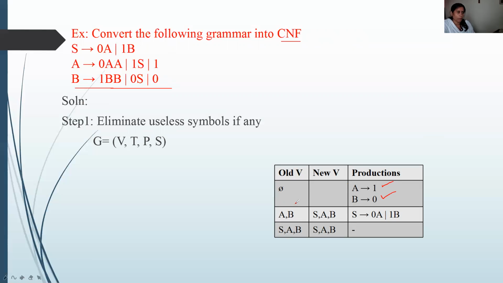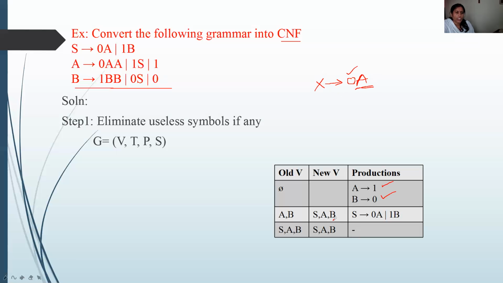After that, what is the next step? Along with a terminal, if any of these variables are there, assume that there is one terminal X. Along with this, say for example, if 0A is there, assume that this is the given column. What is 0? 0 is a terminal. How about A? First we'll check whether A is generating.